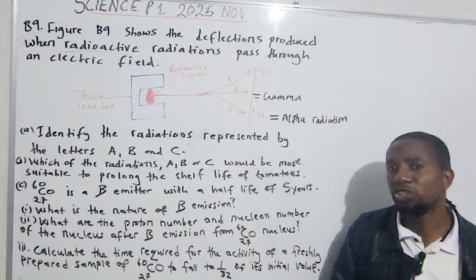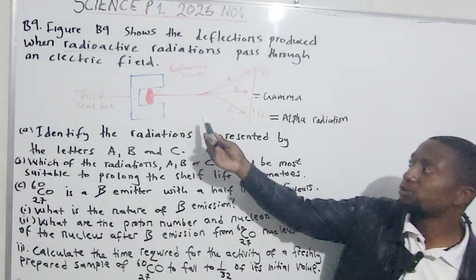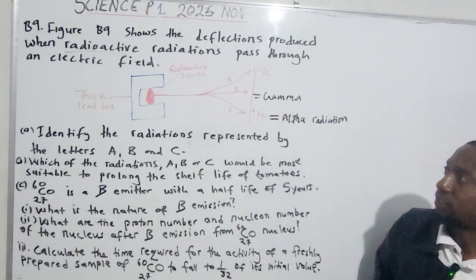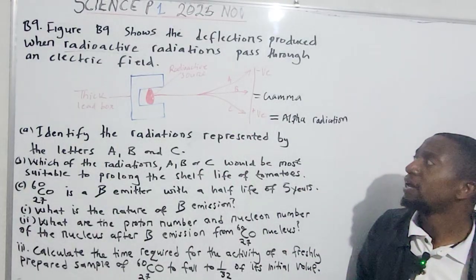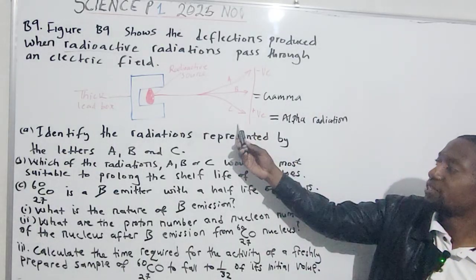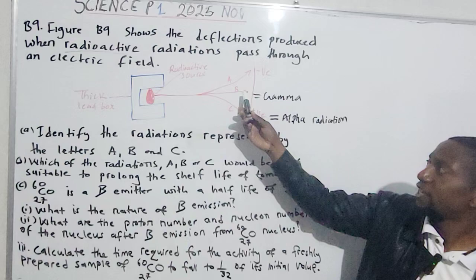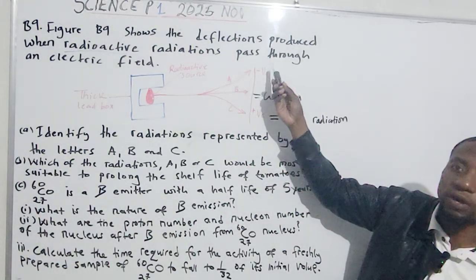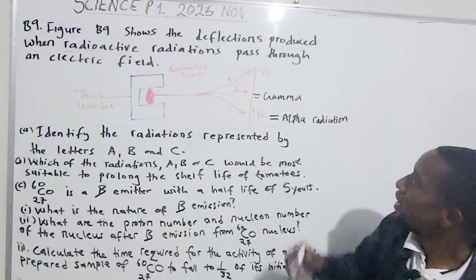It has no charge. It does not deflect in an electric field. So gamma radiation does not deflect, but the alpha particle will deflect. If this is gamma and this is alpha, this one becomes a what? This is a beta.